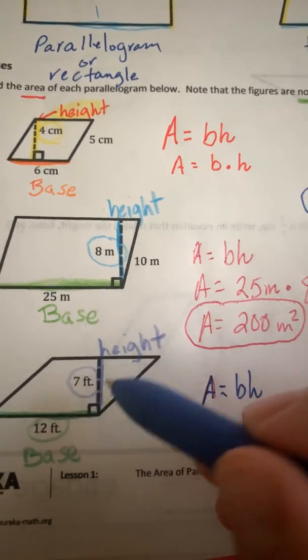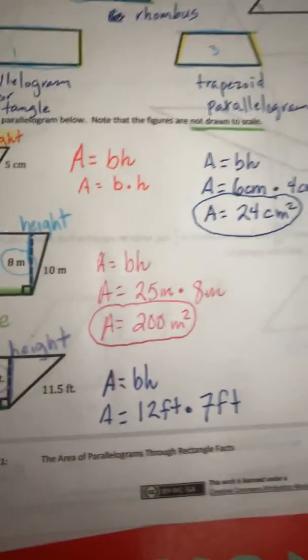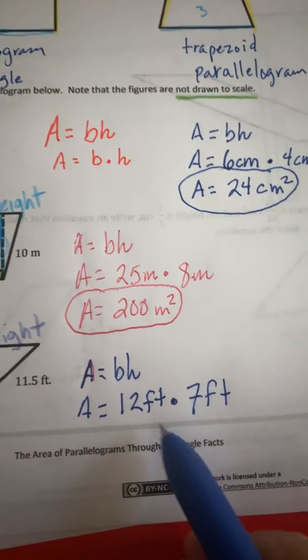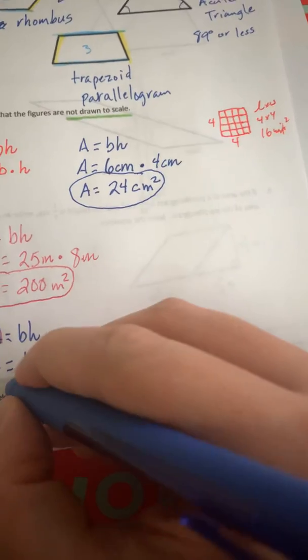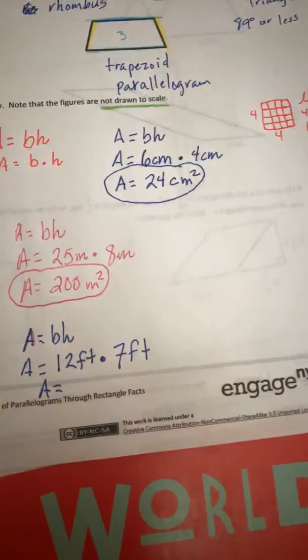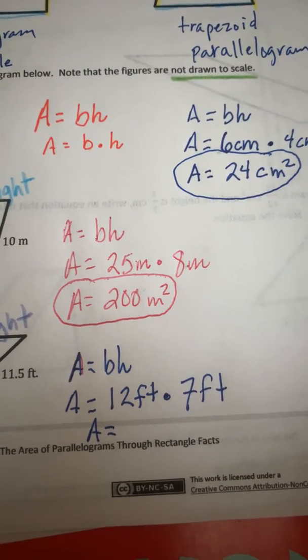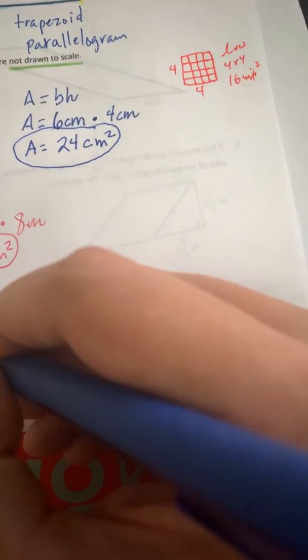The height is being represented by the number 7 feet. Now we can multiply these together. And 12 times 7 is, if I'm correct, ladies and gentlemen, right now, brain fart. 12 times 7, which is 84. Okay.